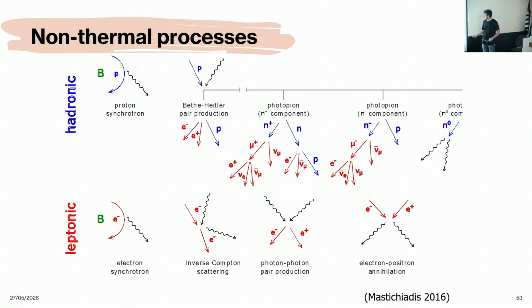So especially inverse Compton, as you will just see in the next slide, is one very important, and especially the interaction of photons with the hadrons, so protons present in the system, and we would have the formation of several secondary particles that will then populate the gamma rays that we observe in these regions.